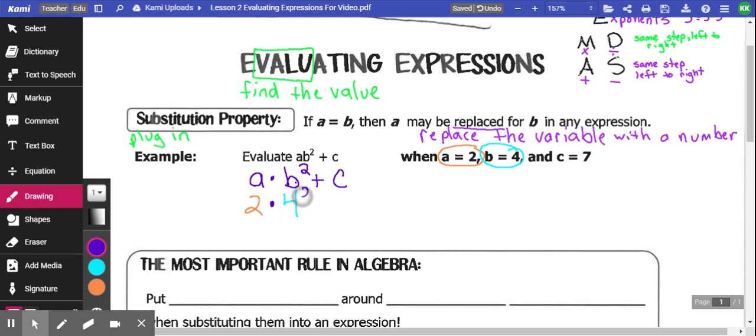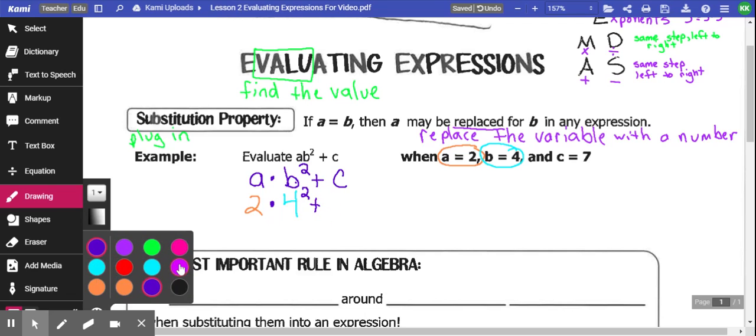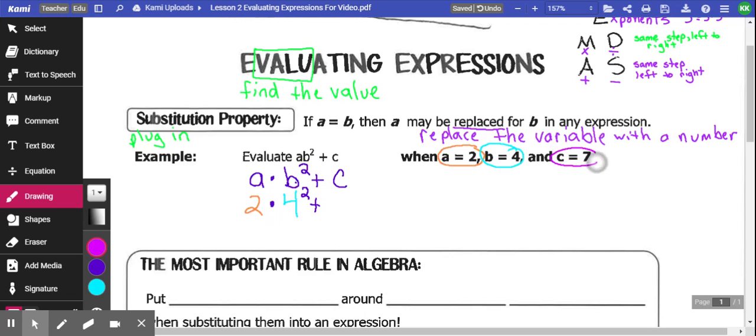I need to keep the exponent, plus, they told me that C needs to be 7, so I plug in 7 where the C goes.